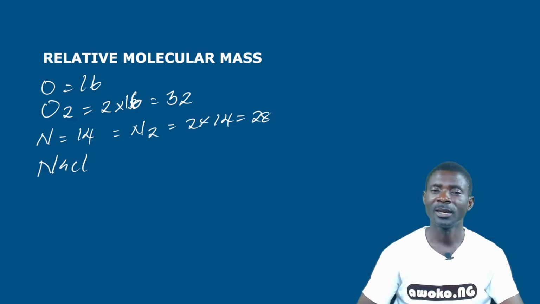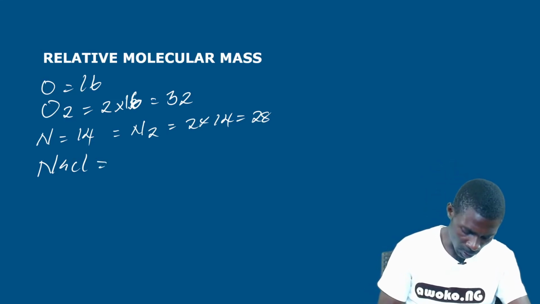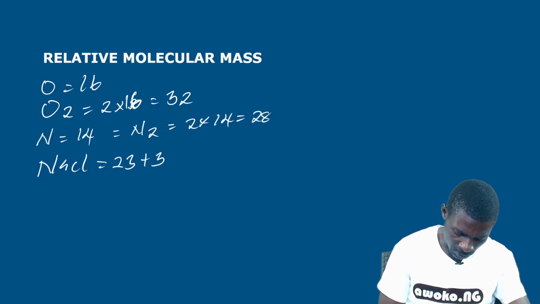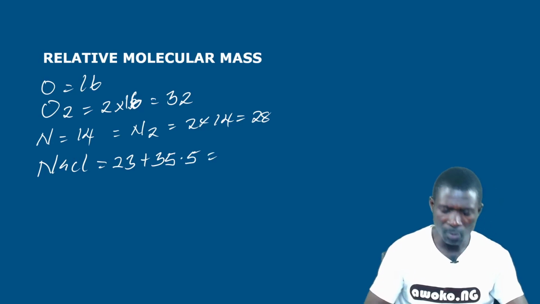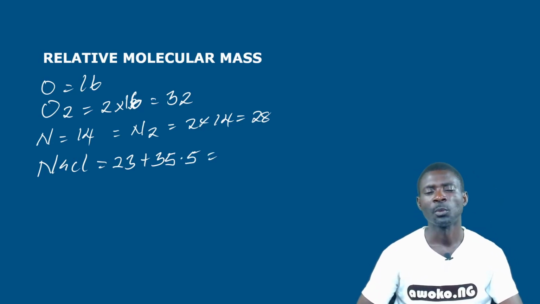So sodium having a mass of 23, we sum it together with chlorine having a mass of 35.5. So the two of them added together will give us the relative molecular mass of sodium chloride. It is as simple as that.